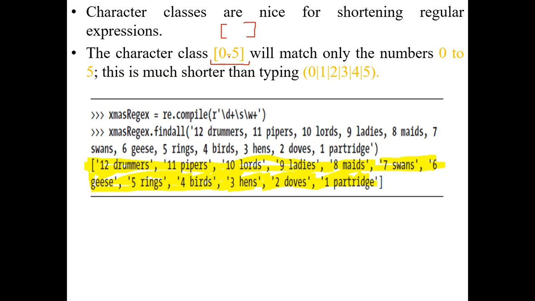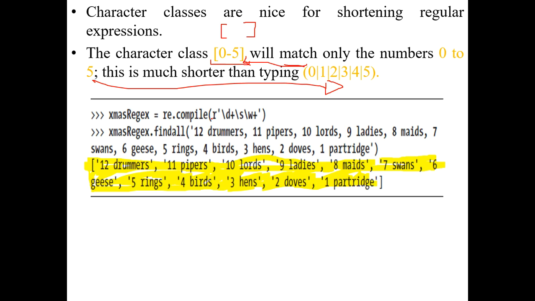Here we have taken a range, 0 to 5. It is going to match either 0 or 1 or 2, 3, 4 or 5. This is somewhat similar to the longer form. Writing this is very short compared to that, which is much longer. This is possible because of character classes.